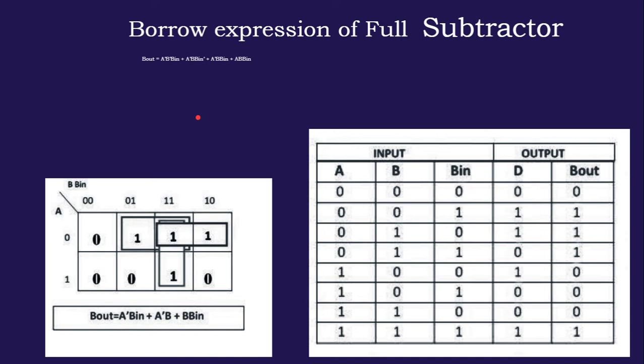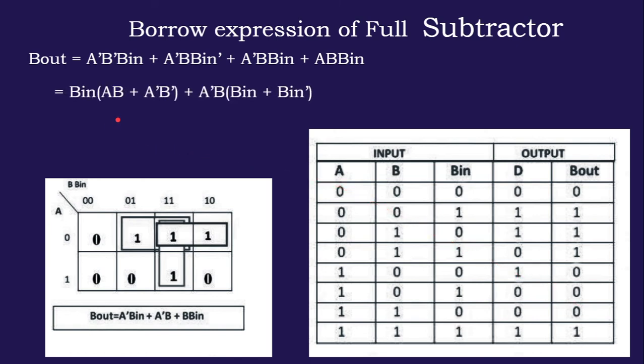So how to get the simplified expression? First you write b out is equal to, and write all the terms. We write the terms from this equation, b out, which is these four terms 1, 2, 3 and 4. After that we write the combination of these terms: b in into (ab plus a bar b bar) plus a bar b into (b in plus b in bar).